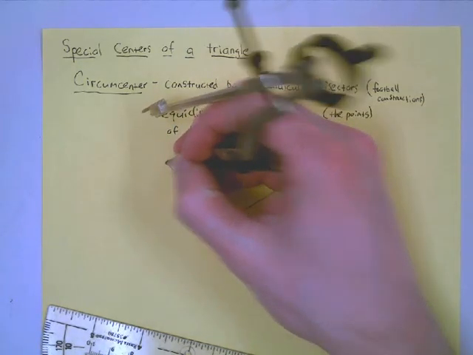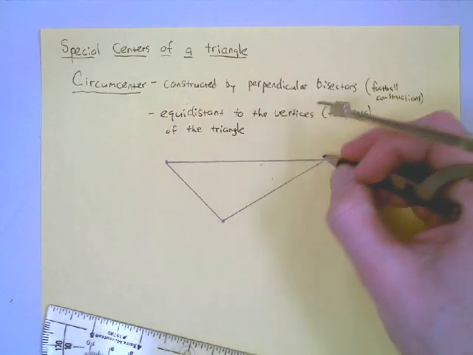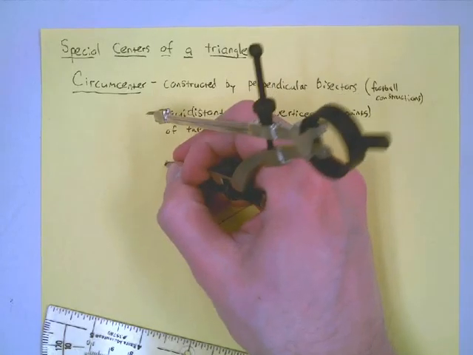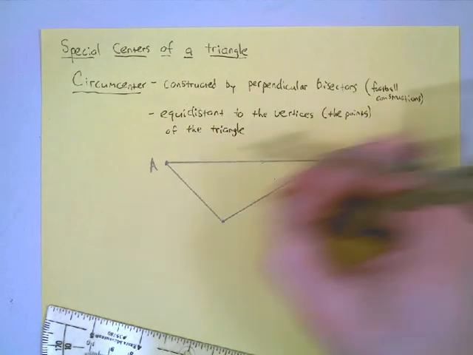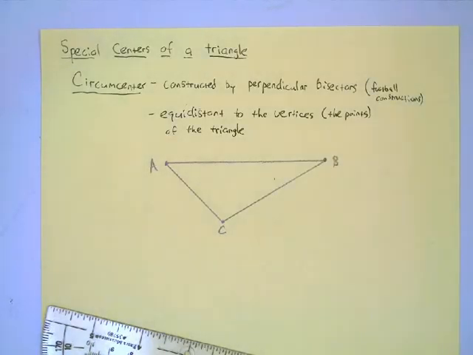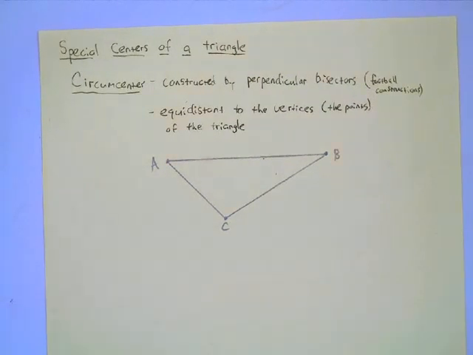Just make a triangle. You can draw yours however you want. I would use a straight edge though for sure. Okay, I'll call this triangle A, B, C.